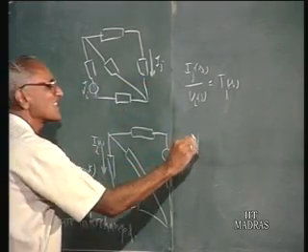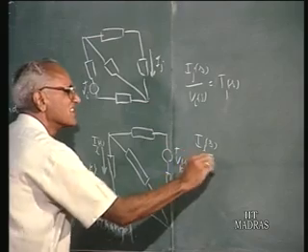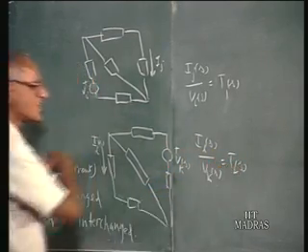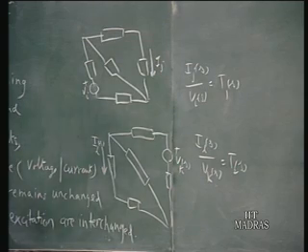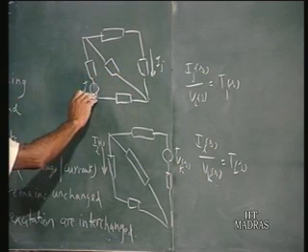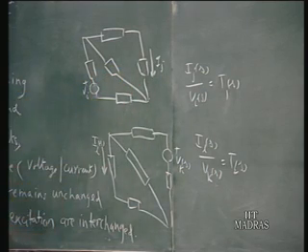So, IL of S divided by Vk of S, let us say, is T2 of S. This is another transfer function. The reciprocity theorem tells us that these two ratios are the same, because the ratio of response to excitation remains the same when their locations are interchanged.